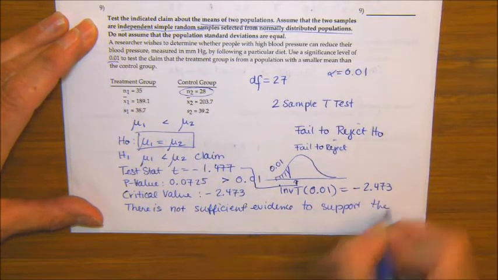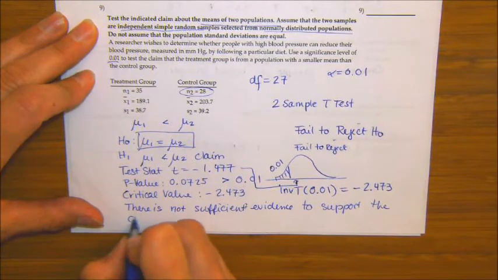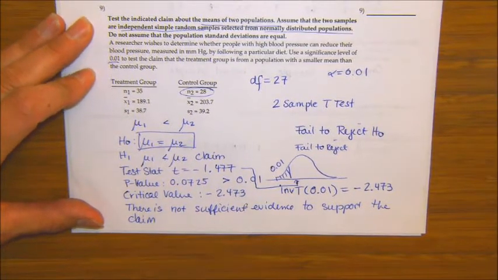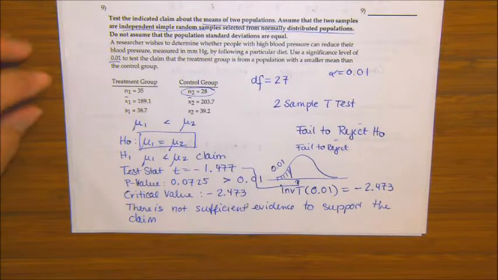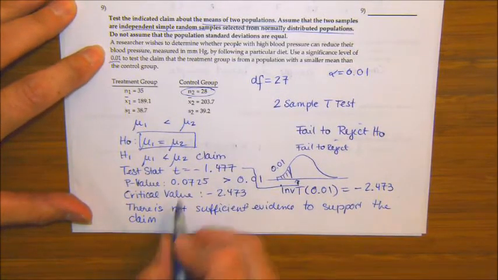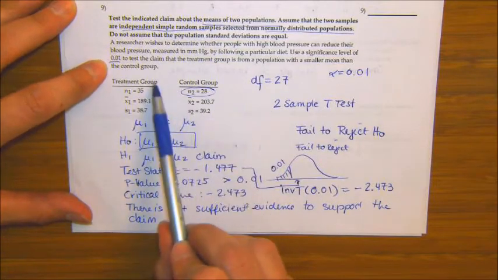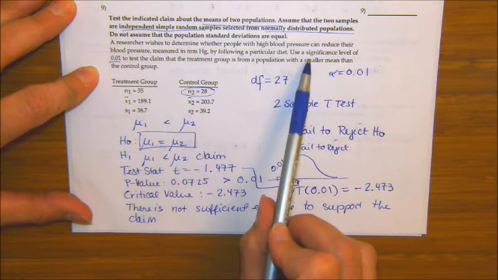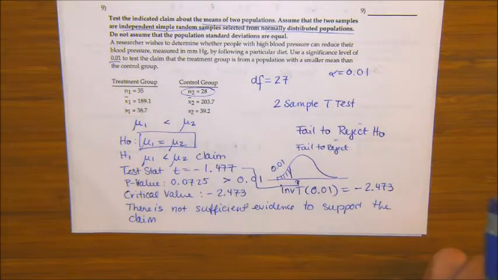The claim. And what was our claim? The claim was that mu1 is less than mu2, so the claim was that the treatment group is from a population with a smaller mean.